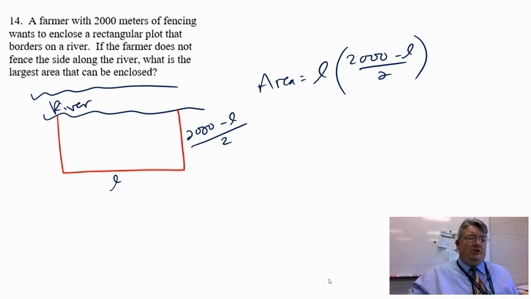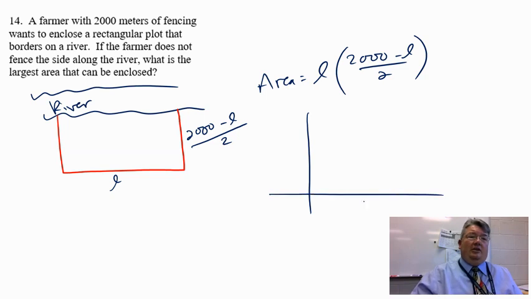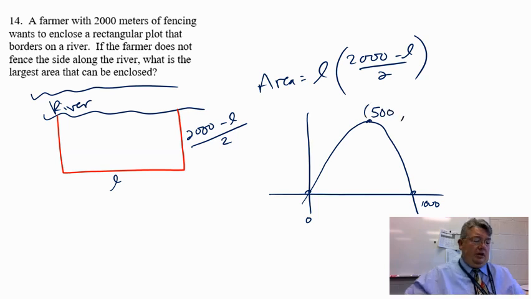So if I graph this, it's a parabola, and it looks like this. And it goes from 0 to 1,000, and it has an x value of 500 here. And let me check that y value again.